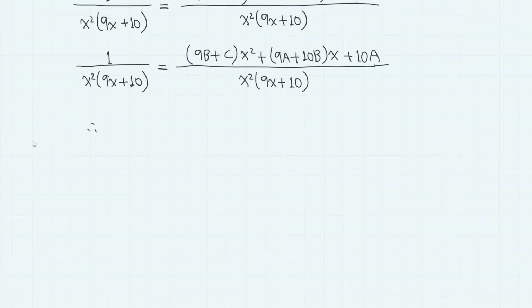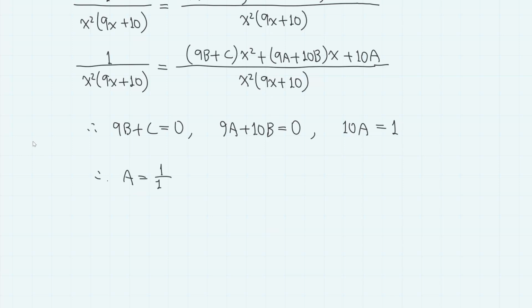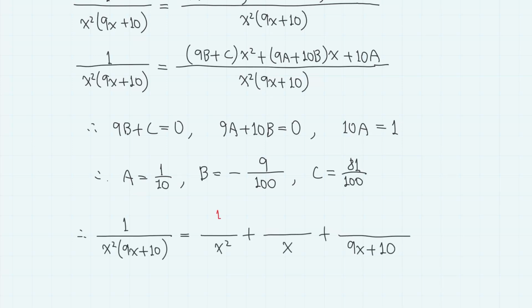Therefore, comparing the coefficients, we obtain 9b plus c equals 0, 9a plus 10b equals 0, and 10a equals 1. Solving these equations, we obtain a equals 1 over 10, b equals negative 9 over 100, and c equals 81 over 100.